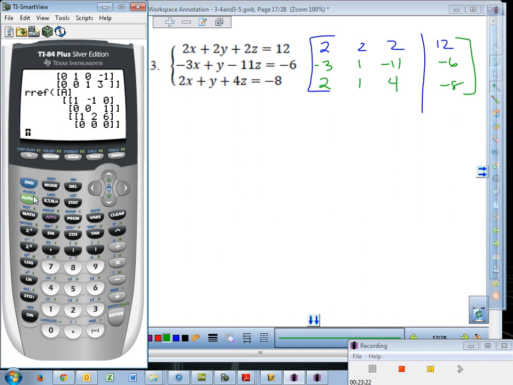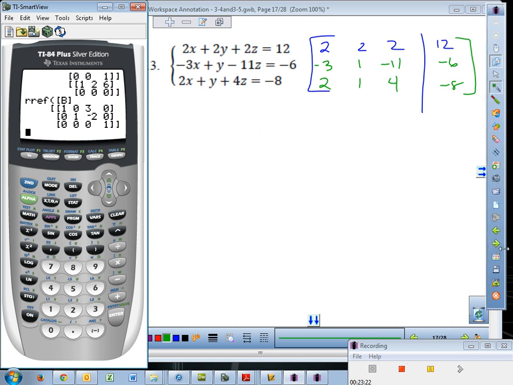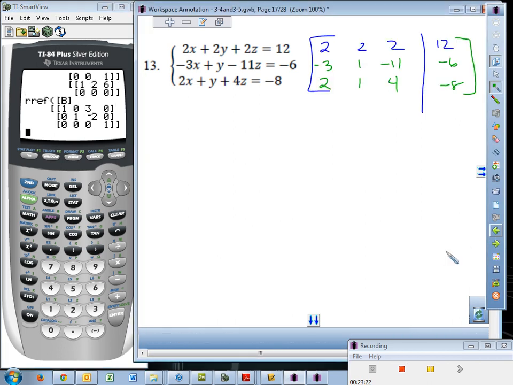Got to quit out of it first, then go to math. Matrix B. Then write your augmented matrix down. Now we have to augment it. Write your reduced row echelon form matrix down.